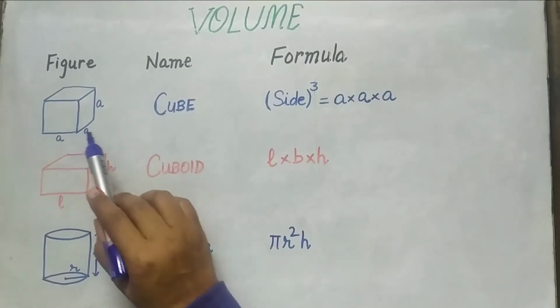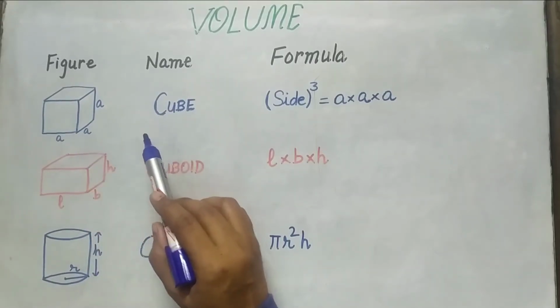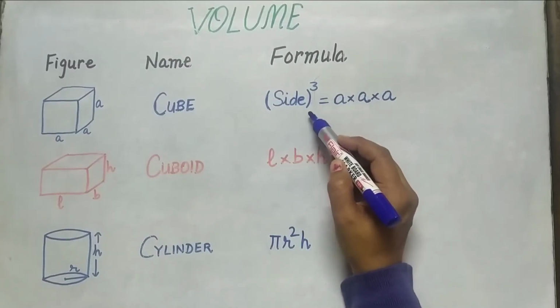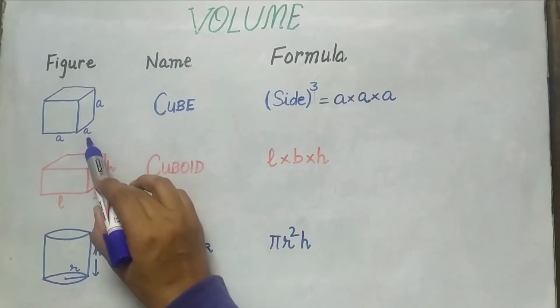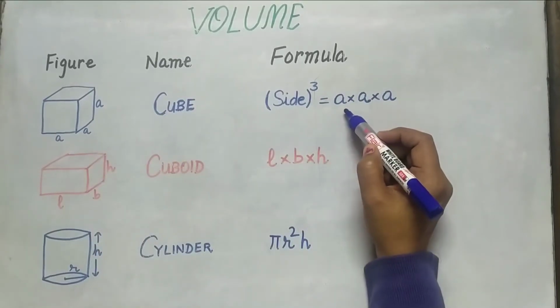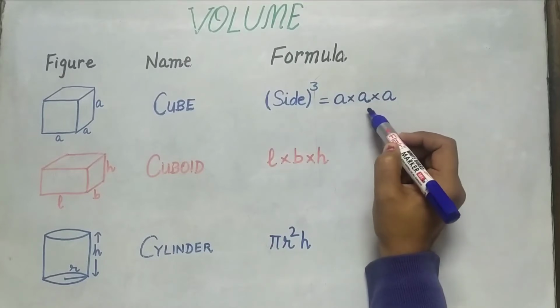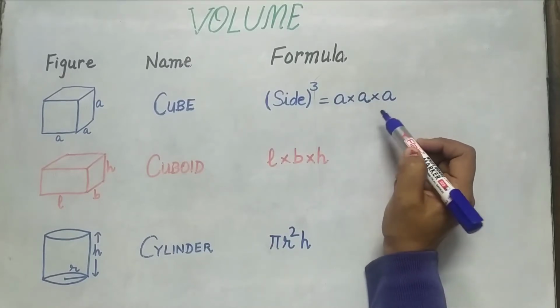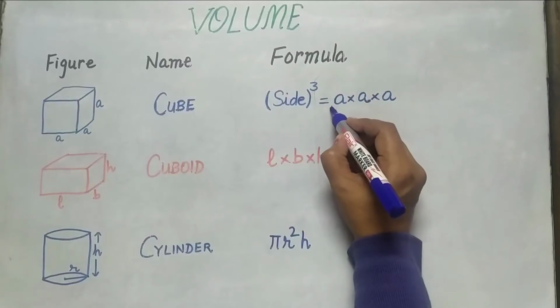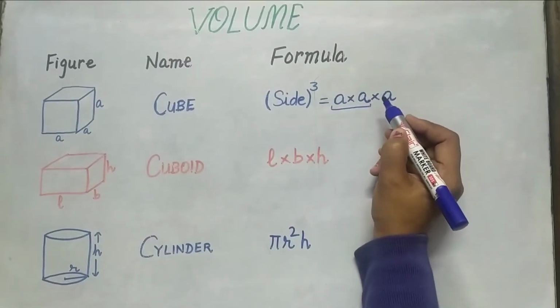First figure is a cube. The formula of volume of cube is side cube. If we take side as A, then the formula will be A cube, meaning A into A into A. Here see one thing. What is A into A?